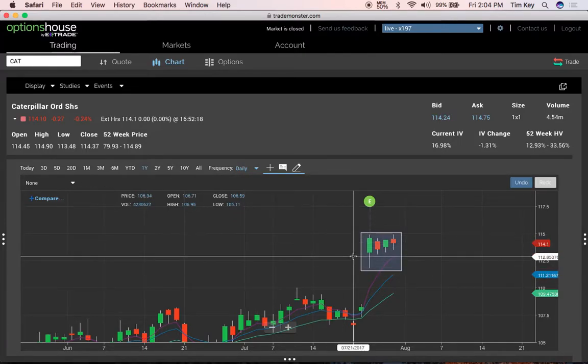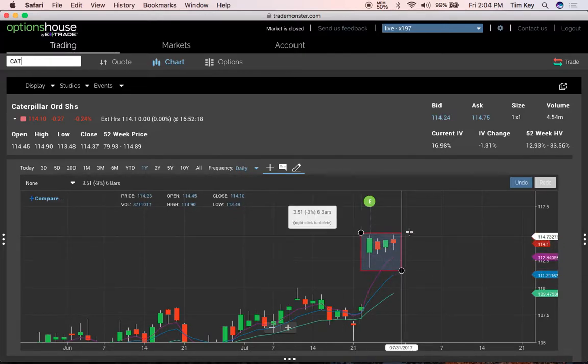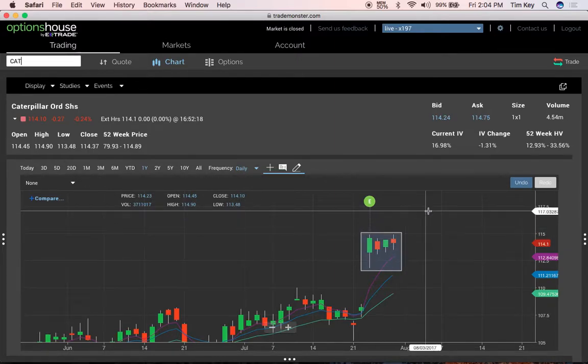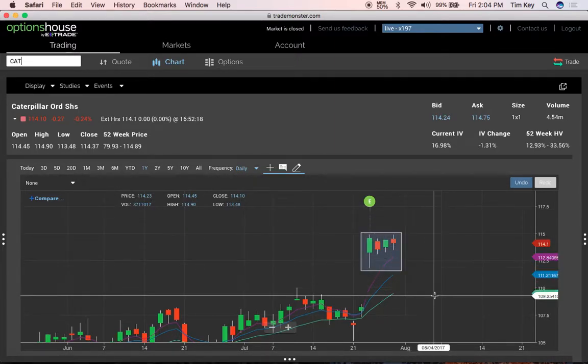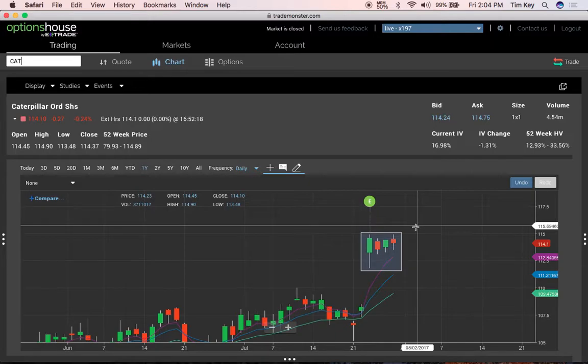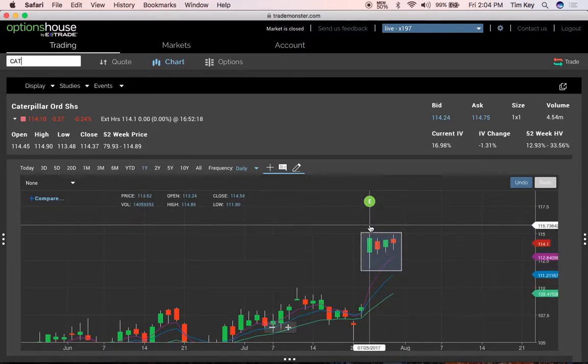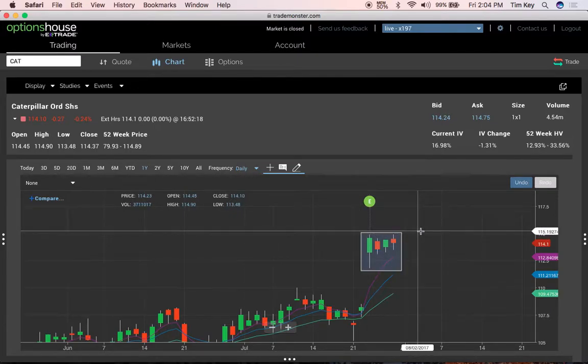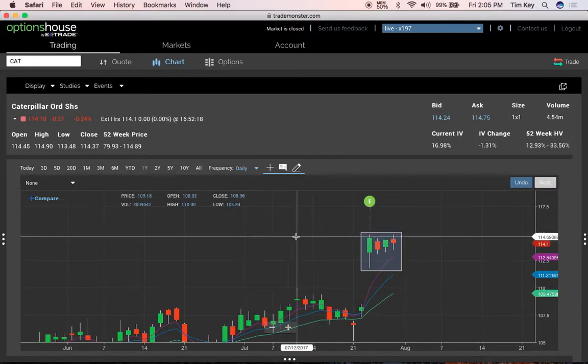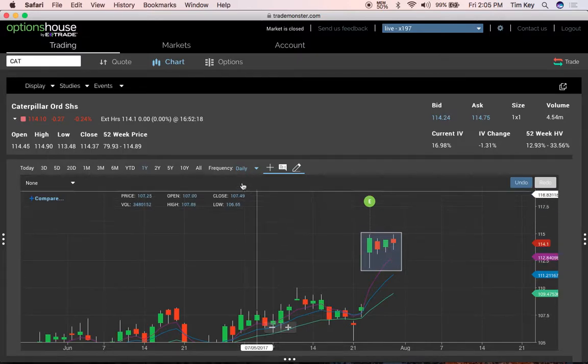You do not want to trade this until it breaks out either above up here, or if it breaks out below, and then you can be confident that whatever direction it breaks out of this rectangle, it's going to continue in that pattern for at least some time after. So this is a rectangle pattern. It's also known as a breakout pattern. You want to wait until you have confirmation of it trading outside of this rectangle.